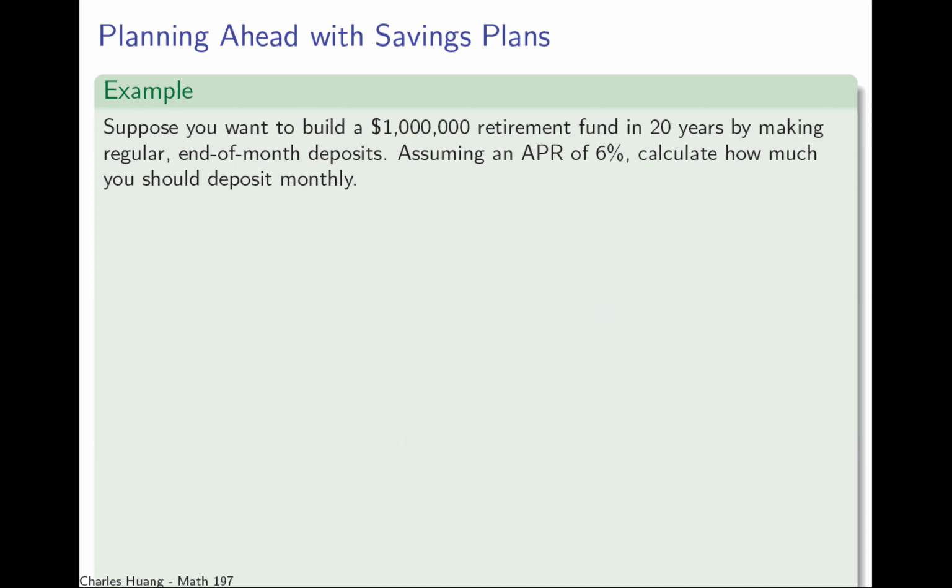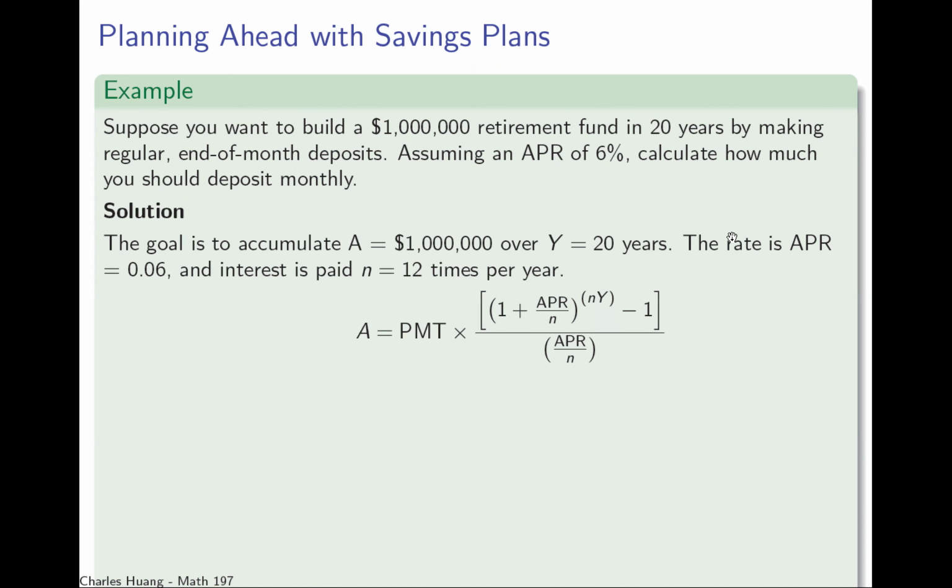So these types of calculation allow us to plan ahead for the future. Suppose you want to get $1 million in order to retire in 20 years, and you want to put in payments every month, and we can calculate how much payment that is. We're going to use the same formula, and this time we're going to use the formula a little bit differently. It's going to be a little bit different because we don't know what the payment is, and we need to find the payment.